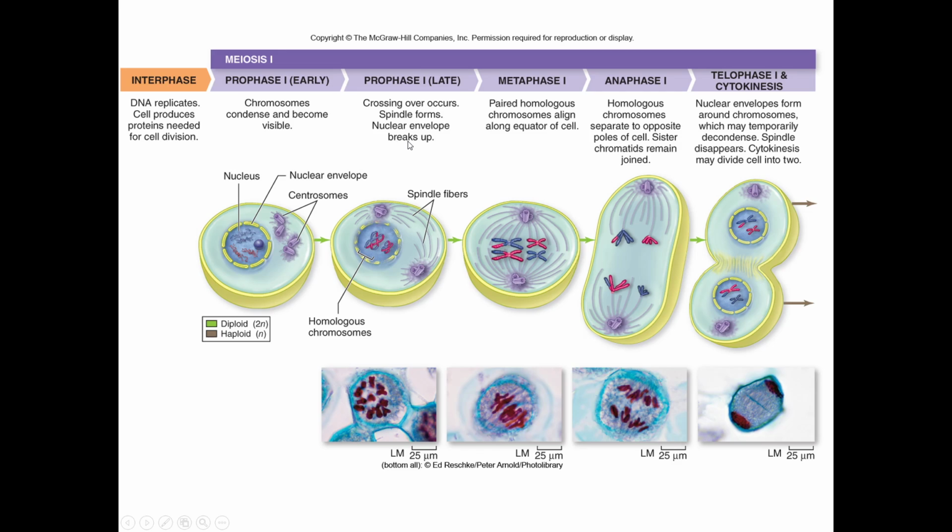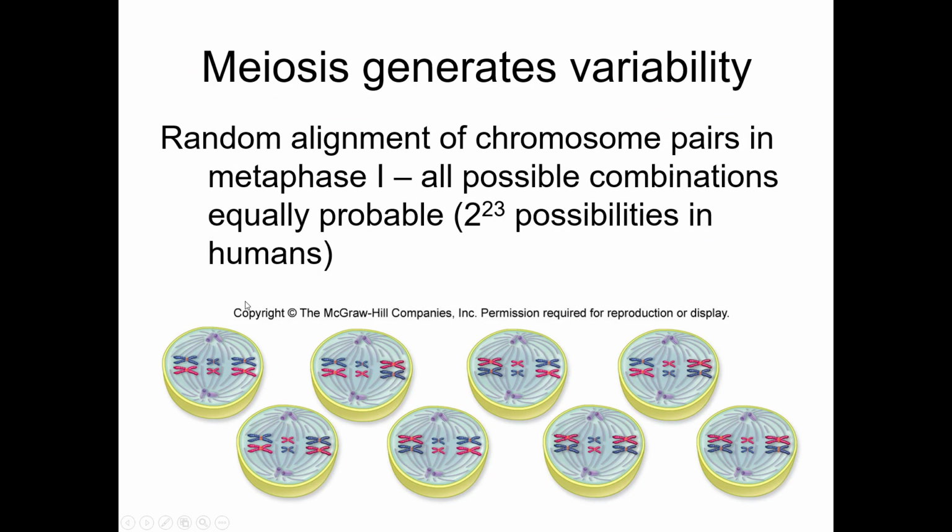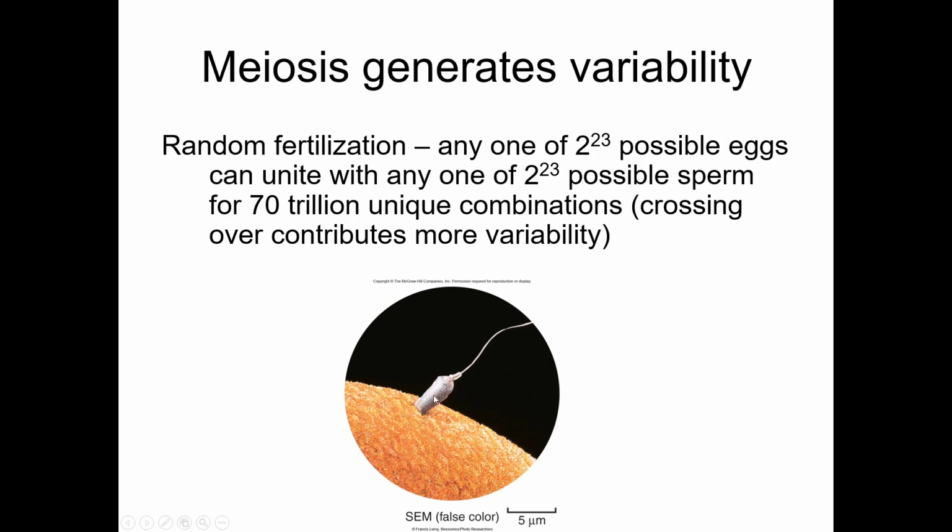Some of the questions you're going to get are primarily focused on when genetic recombination occurs, such as in prophase 1 when crossing over occurs, or metaphase 1 when independent assortment occurs, or when fertilization occurs. For males, it occurs after meiosis is over. For females, it's right in the middle of metaphase 2.